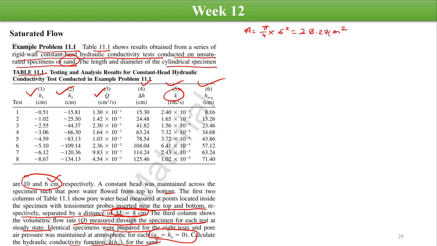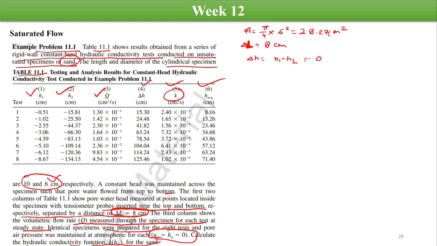Right. Now we need to calculate. We already know the value of delta L. It's nothing but 8 centimeters. This is delta L, not delta H. And the delta H we will calculate here. So what will be the delta H? Delta H will be H1 minus H2, the head difference, if we ignore the sign.